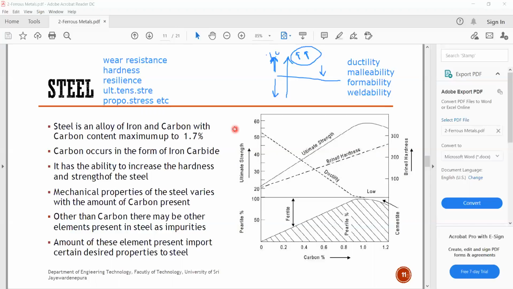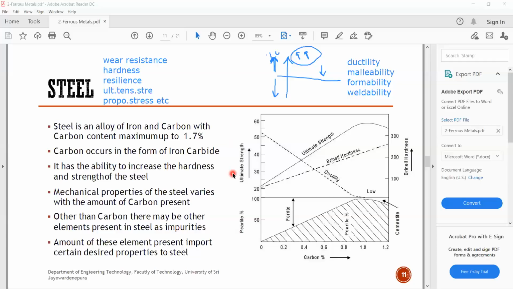At that point, where carbon percentage is at 1.7 percent, we can carry out only the casting process, right? We cannot machine that particular part. We cannot do any kind of forming or machining. We cannot draw that particular steel into wires. Okay.